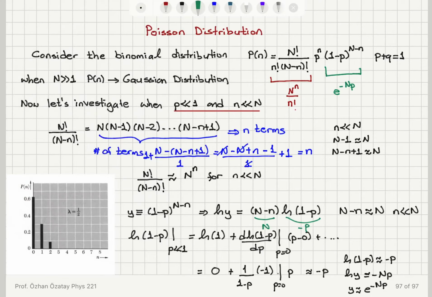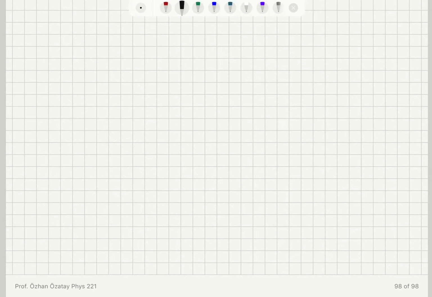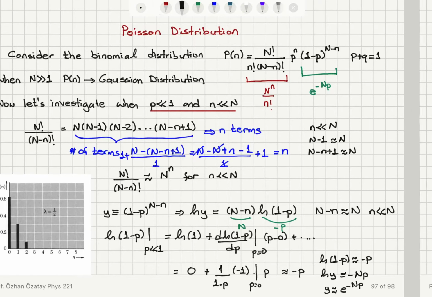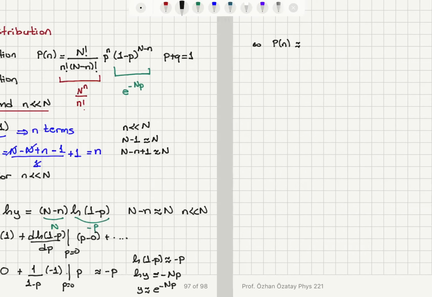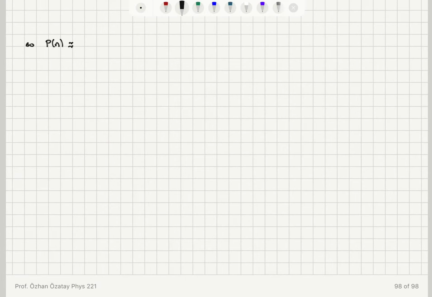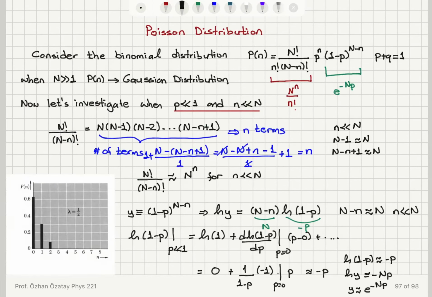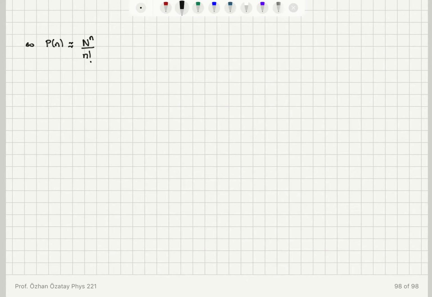So if I continue this, the probability distribution that I'm getting, p of n, in this limit, when p is much less than 1 and n is much less than capital N, is capital N to the power n divided by n factorial, p to the n, and then I have exponential to the power minus Np.